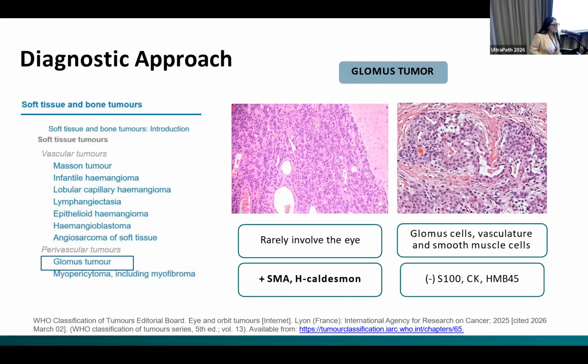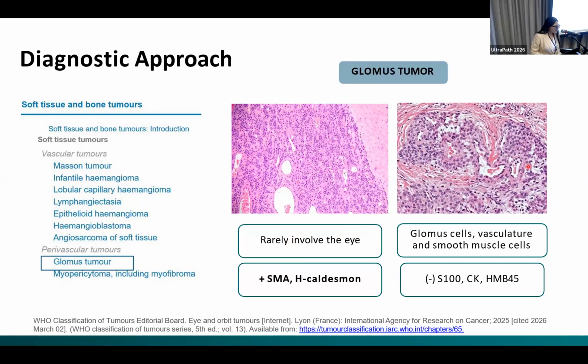And well, we must consider many tumors. One of them is a glomus tumor, and this is usually located in distal extremities of the subungual region. But there are a few cases reported in the eye, maybe with an extension to the intraconal area.